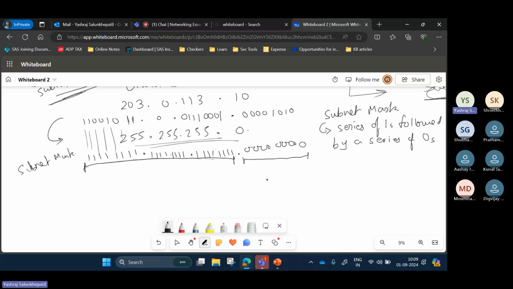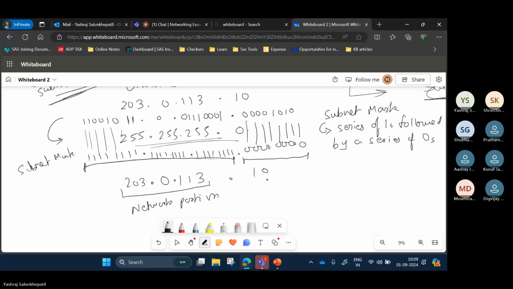So 203.0.113 is my network portion, and .10 here is my host portion.